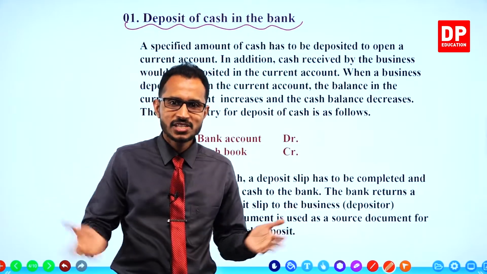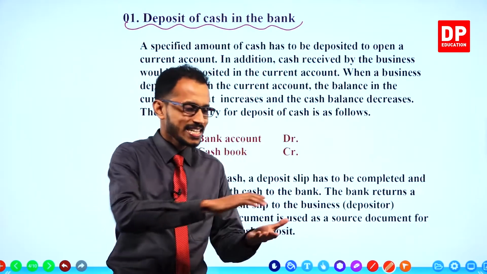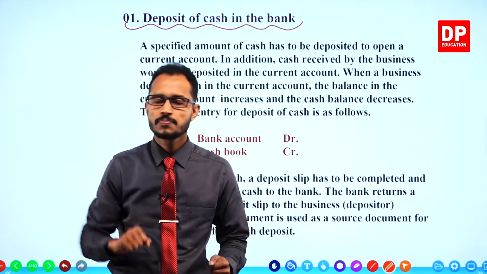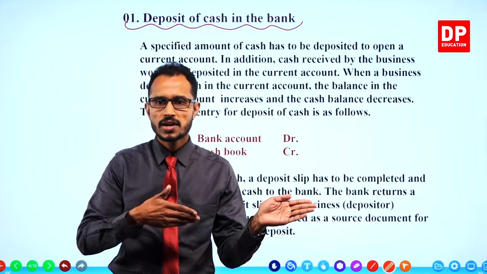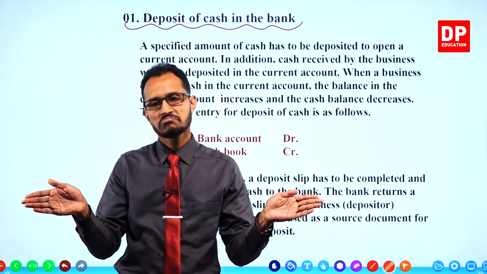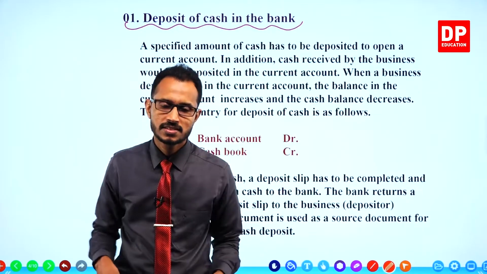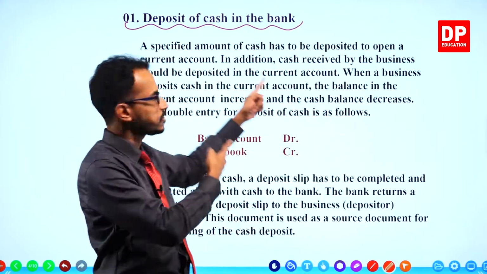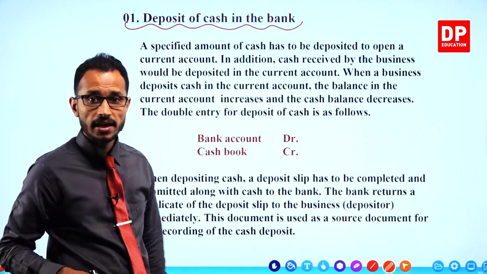Cash which is in the cash register or in the business is taken and deposited in the bank account. Cash decreases, so cash book credit. Bank account balance increases, so bank account debit. That is the double entry. Bank debit, cash credit. That's what it says. Depositing of cash in the bank.